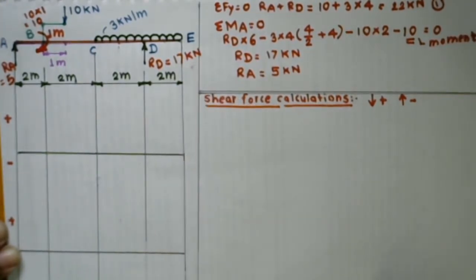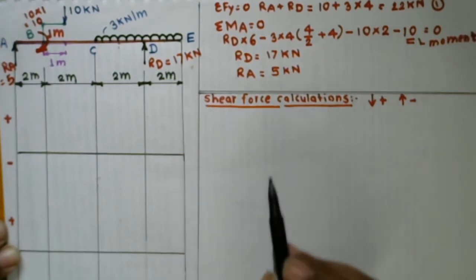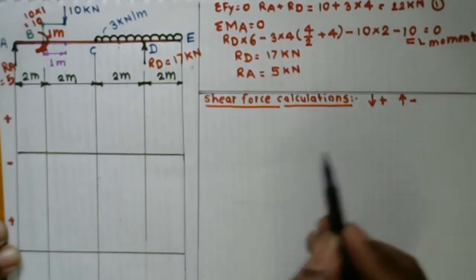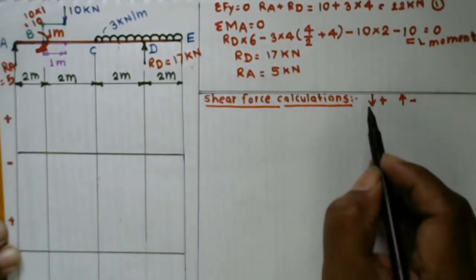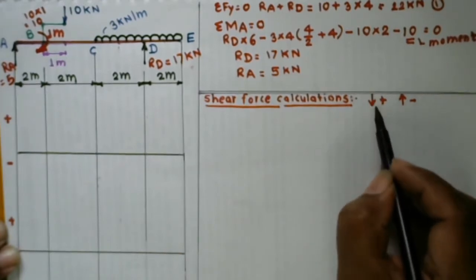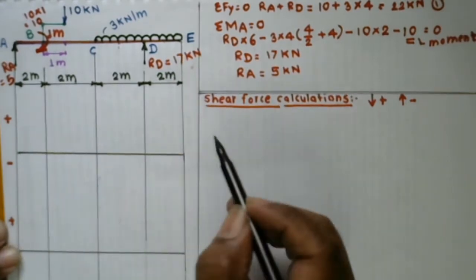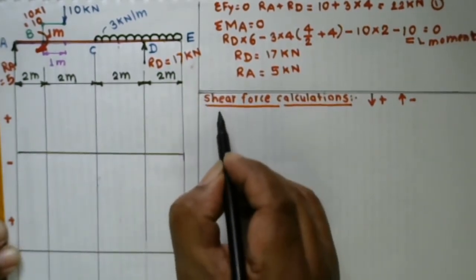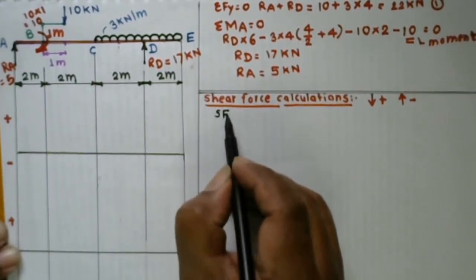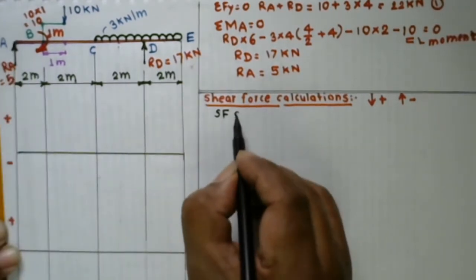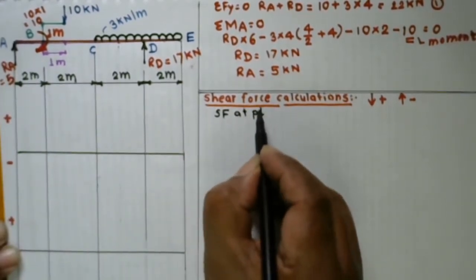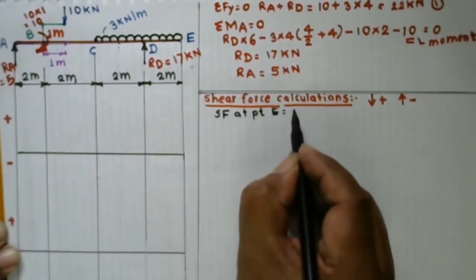Now come to the shear force calculations. First we have to decide the sign convention: downward force positive, upward force negative. At the end point the shear force is 0, and we are going from right to left, so the shear force at point E is equal to 0.